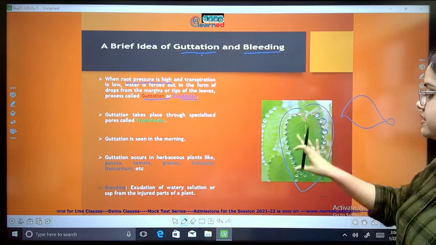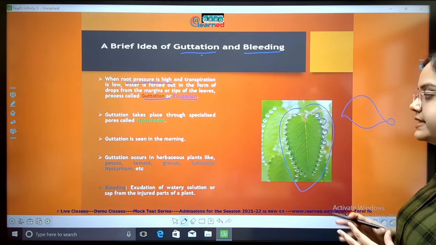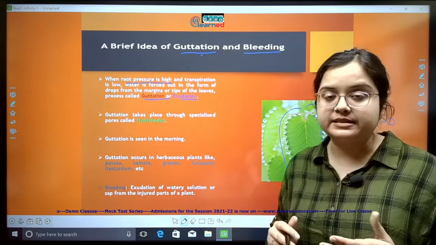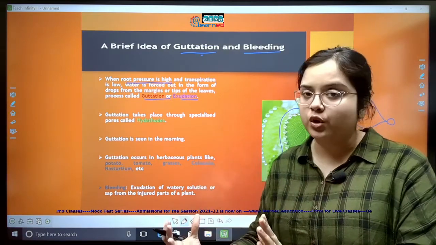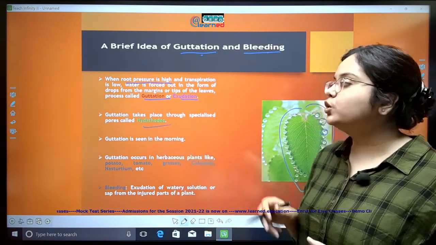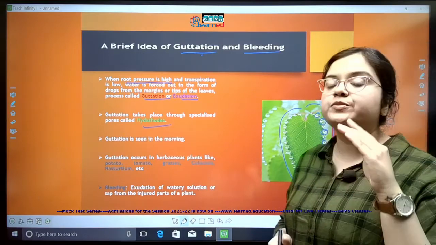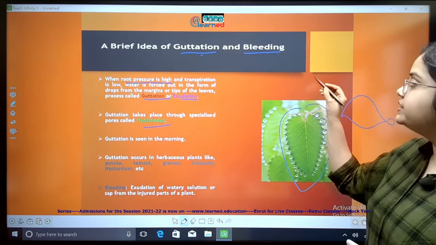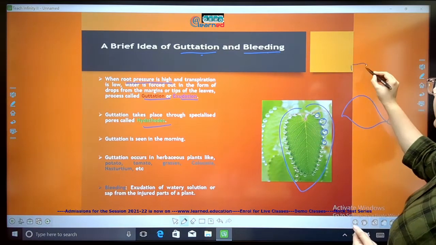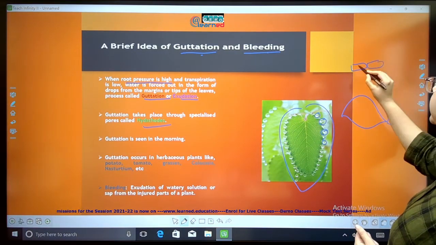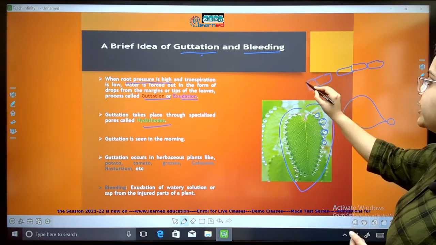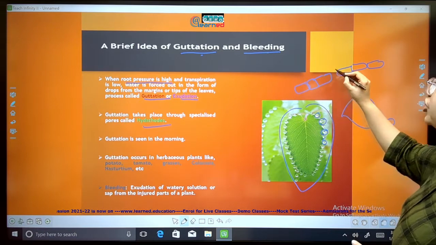So in this diagram you can see guttation for yourself. Now how does guttation take place? Like in transpiration, stomata is the organ. In guttation, hydathodes are those paths through which water goes out. What are hydathodes? In the epidermis of the leaves, there are openings or pores in which the epidermis is not fully differentiated.